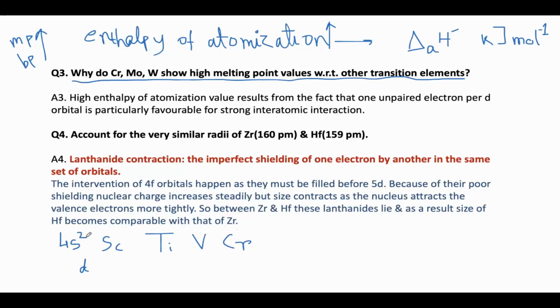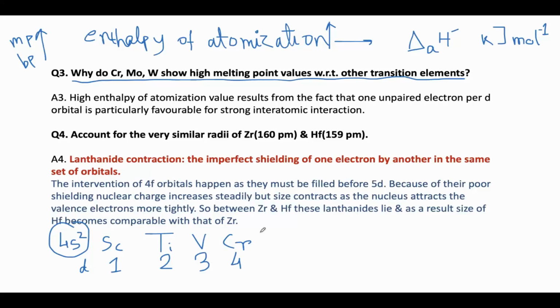Up to calcium, that is 4s2, the electronic configuration is locked. For scandium we have d equal to 1, for titanium d equal to 2, vanadium d3, and chromium d4.